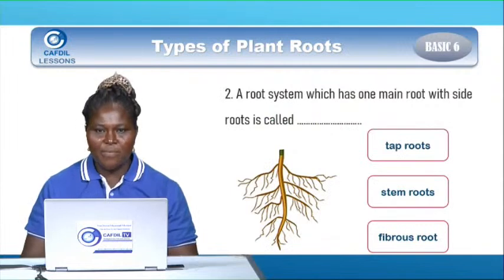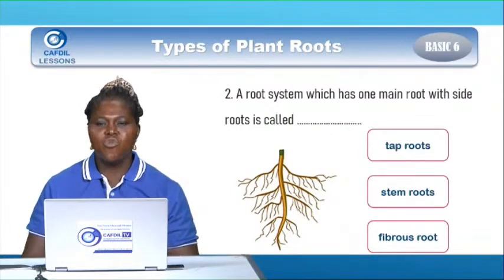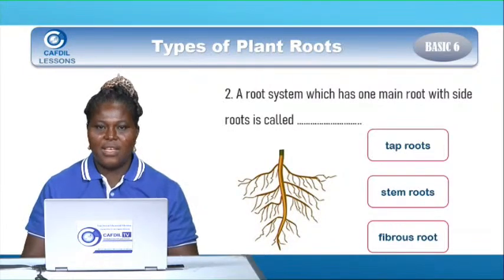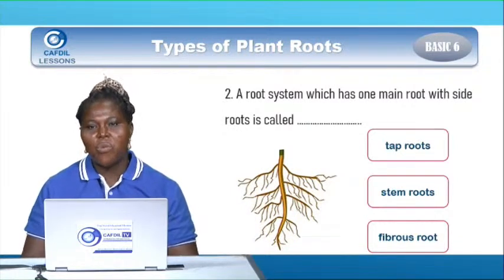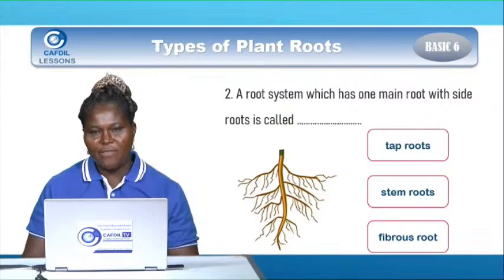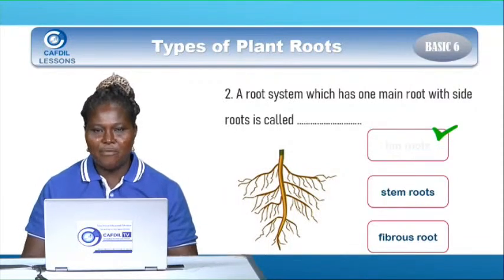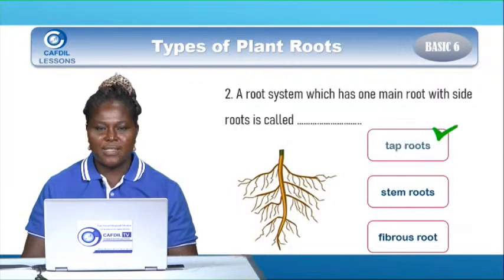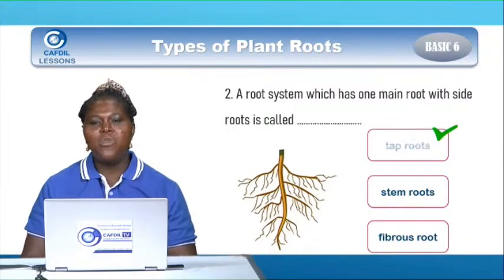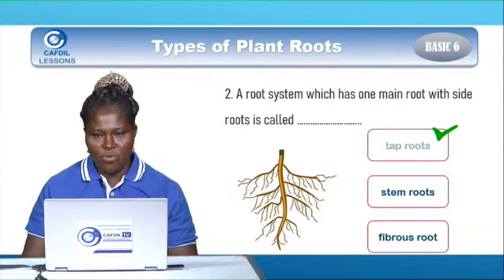A root which has one main root with side roots, we have the picture on the screen, is called the tap root. So a root system which has a main root with side roots is called tap roots.